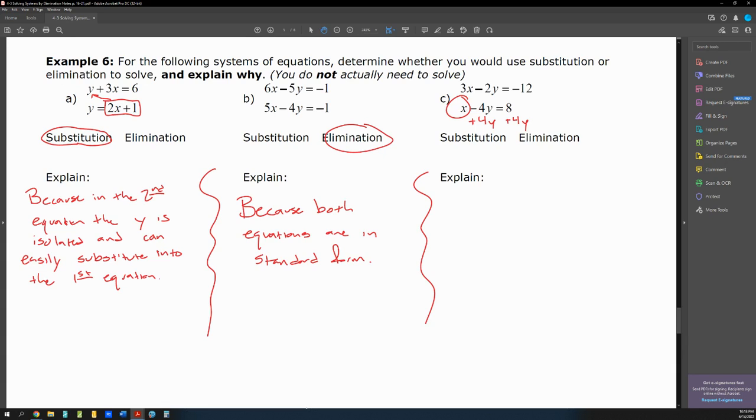You might say elimination because they're both in standard form. But substitution was the first one that came to my mind, so I'm going to say substitution. But put what you think and put in your justification.